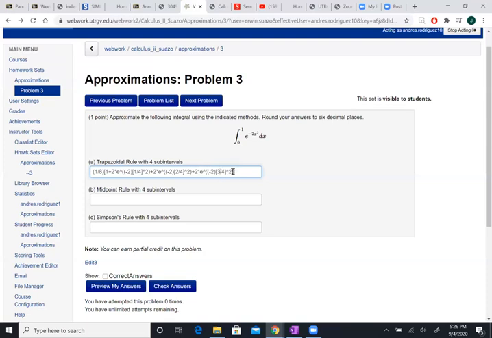And then the last one is f of 1, right? So that will be over here. Let's see how it goes.